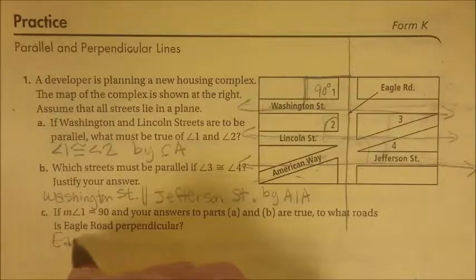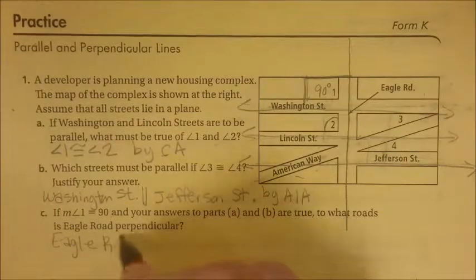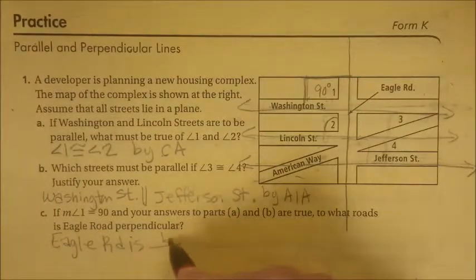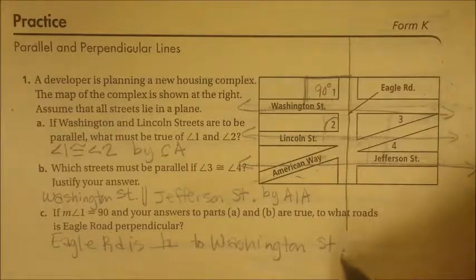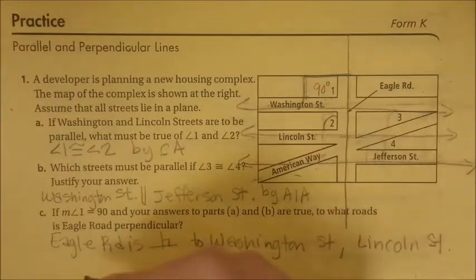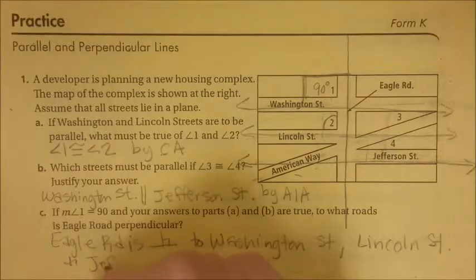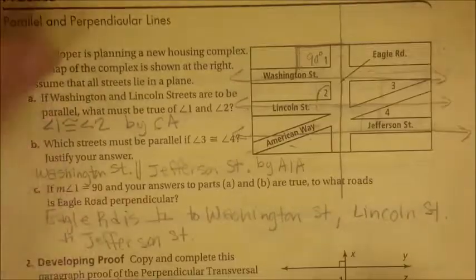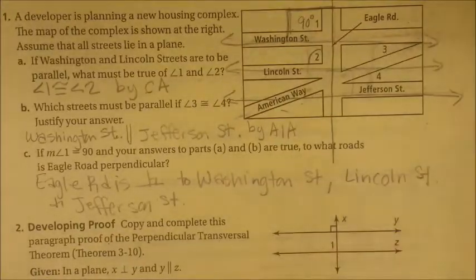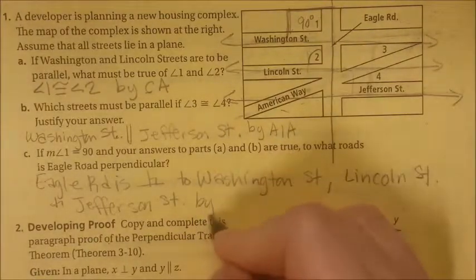So Eagle Road is perpendicular to Washington Street, Lincoln Street, and Jefferson Street. By the transitive property.